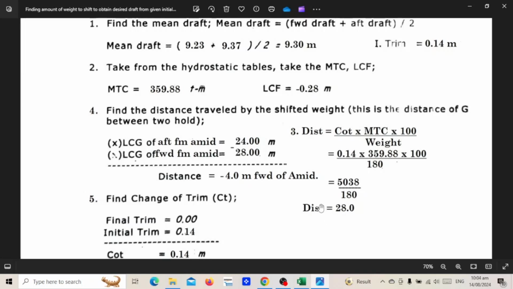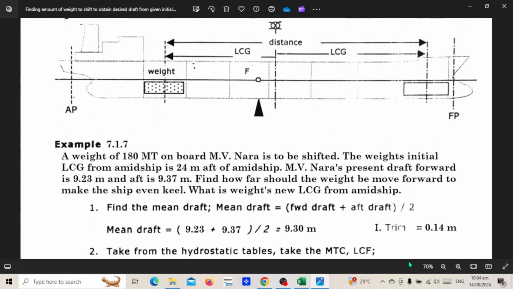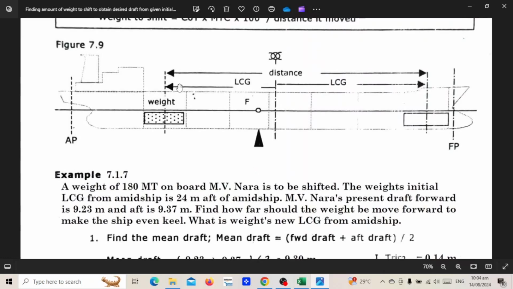Okay, your distance will be 28 meters, meaning 28 meters from this position, aft of your amidship. It says you go forward about 28 meters.